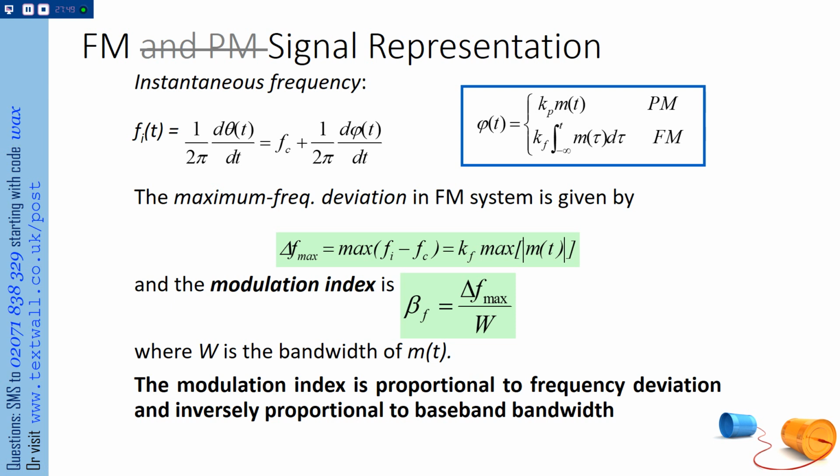That's the second thing we wanted to cover today. So the two things we wanted to speak about today are the frequency being the derivative of the phase, and the modulation index being the ratio between the instantaneous frequency minus the carrier frequency, that's delta F, to the baseband bandwidth, W.